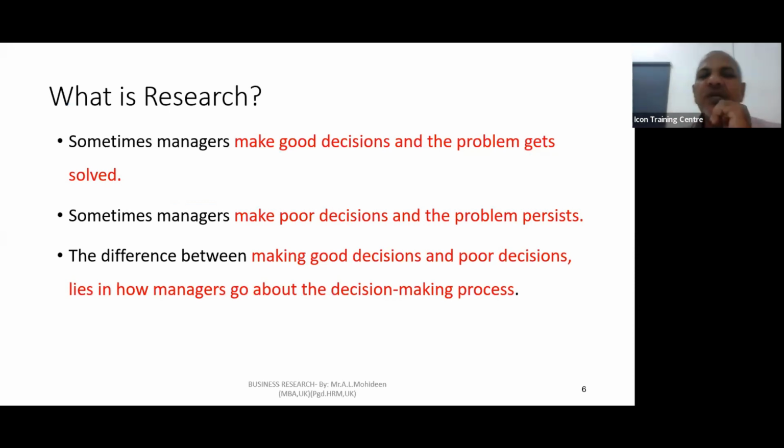So managers are doing research, we have understood, to identify solutions to problems in the workplace. Sometimes managers make good decisions and the problem gets solved. Sometimes managers make poor decisions and the problem persists. So the difference between making good decisions and poor decisions lies in how managers go about the decision-making process.